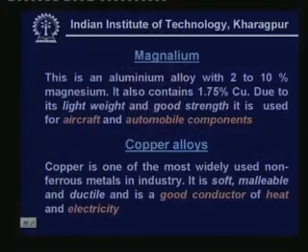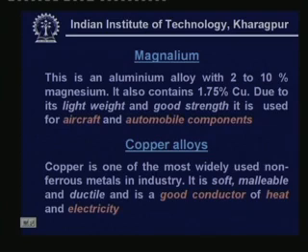Now, we consider another very important material, that is copper, and some of the copper alloys. As I told you, copper is the most widely used non-ferrous metal in industry, and its use goes back to a very early age of machine design.